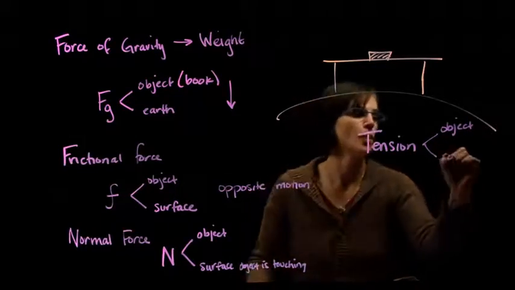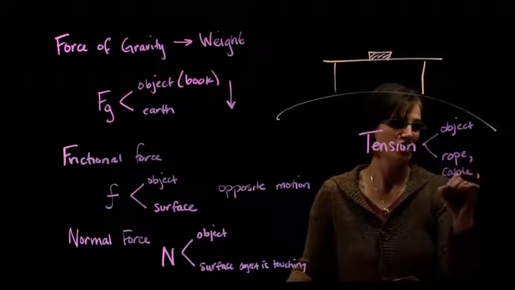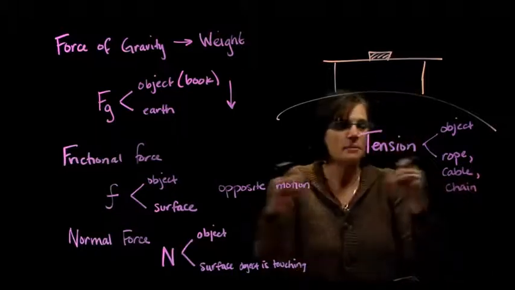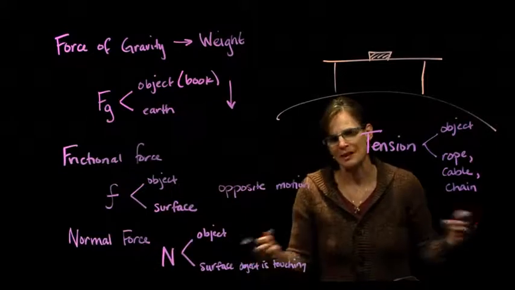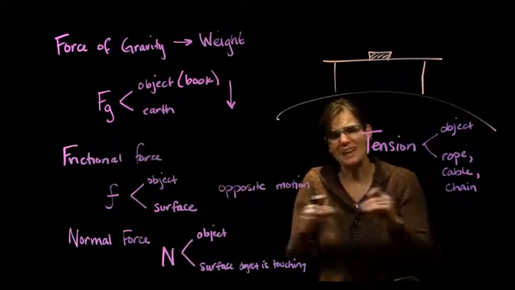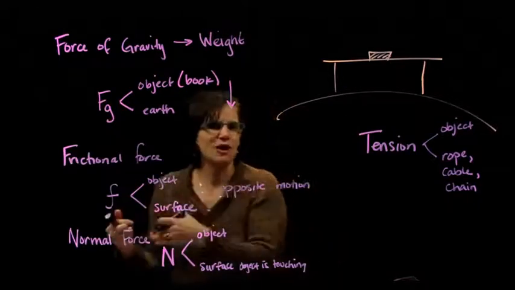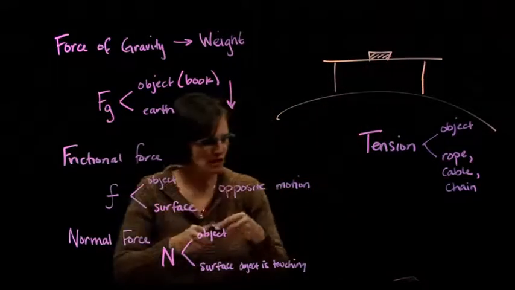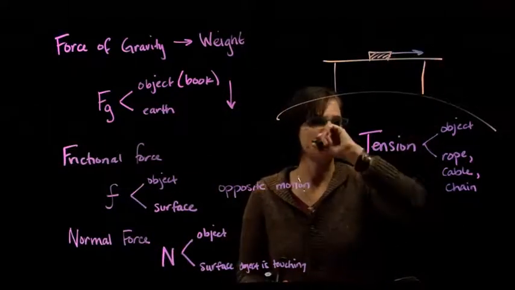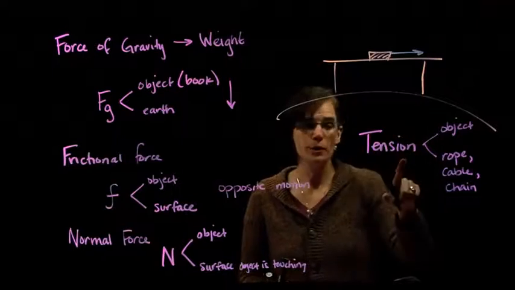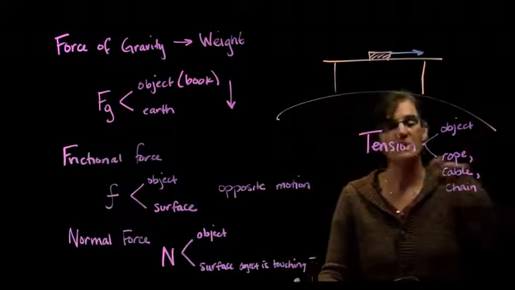It might be a rope or a cable or a chain, something that is in between the object and maybe something that somebody is pulling. So a physical entity like a rope that's going to be taut, tight under some tension, and that tension is causing a force on the object. So if I were pulling on this book with a rope in that direction, then that rope would have a tension. We would call that the tension force, and it would be between the object and that rope.